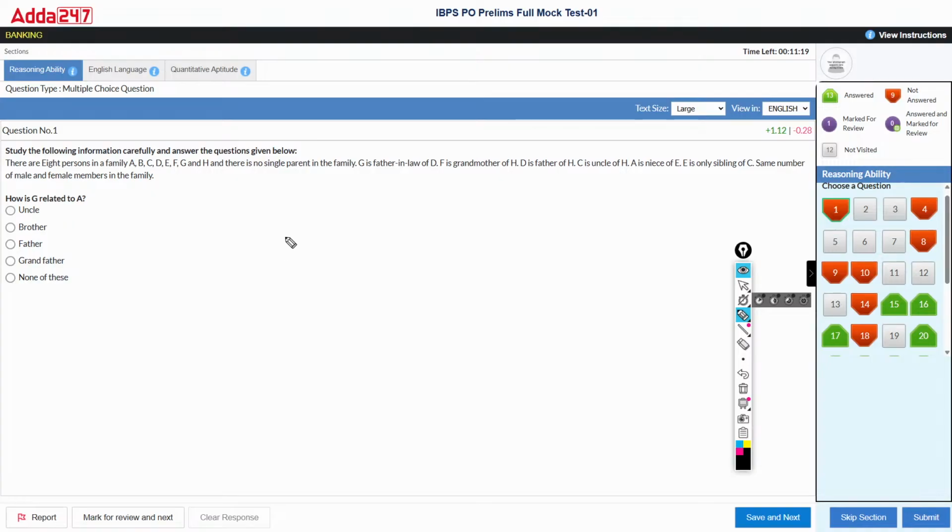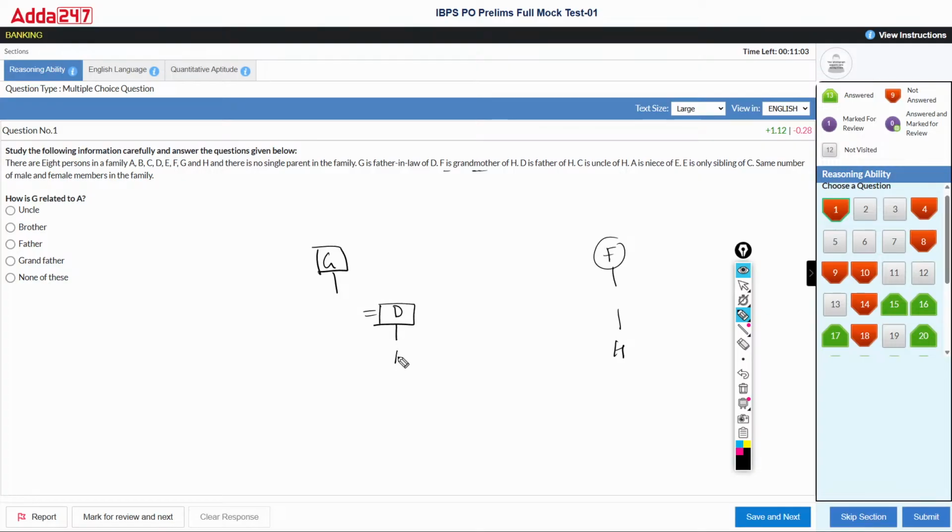Now, not this one. 8 family members, single parent. G is father-in-law of D. F is grandmother of H. D is father of H. C is uncle of H. A is niece of E. E is the only sibling of C. Same number of male and female. 8, so 4 male, 4 female.